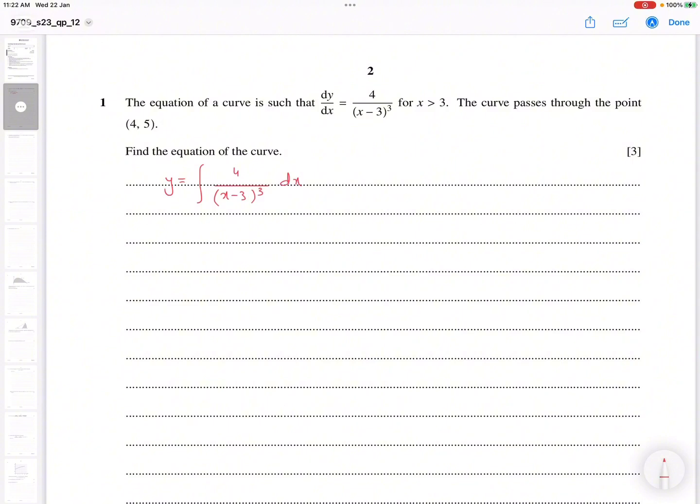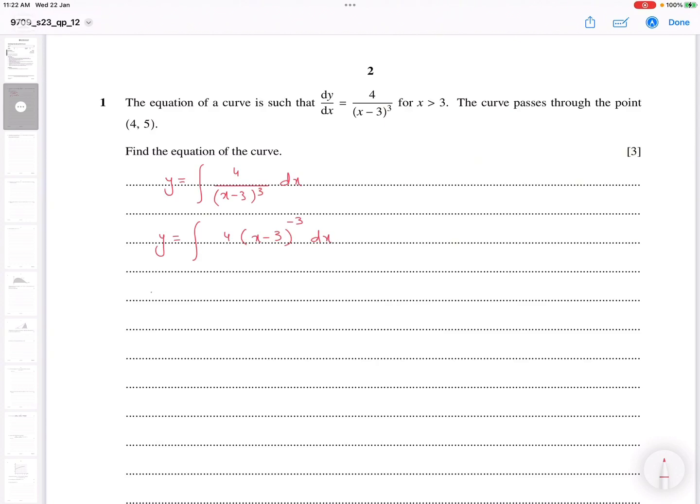Because integration is the reverse process of differentiation, we have to go in reverse. Now remove the denominator: y equals the integral of 4 times (x minus 3) whole power negative 3 dx. Now it's ready for integration.